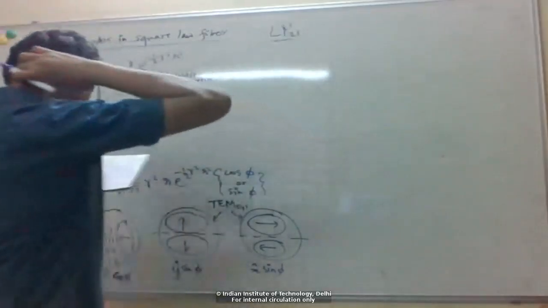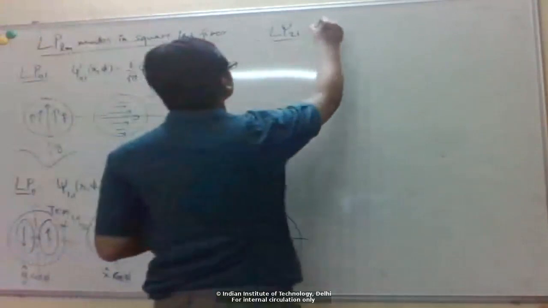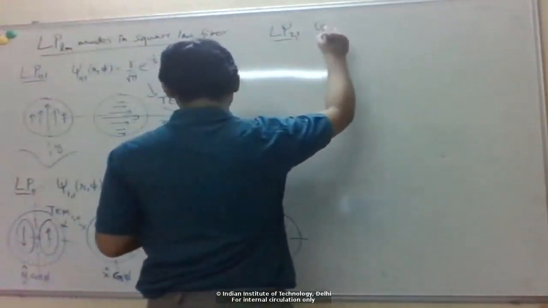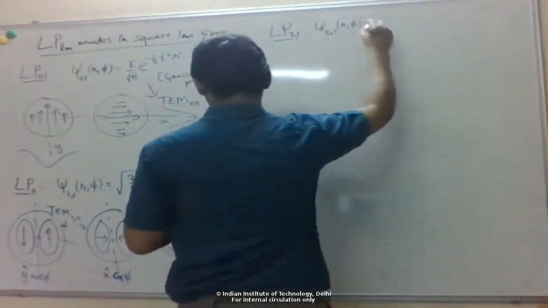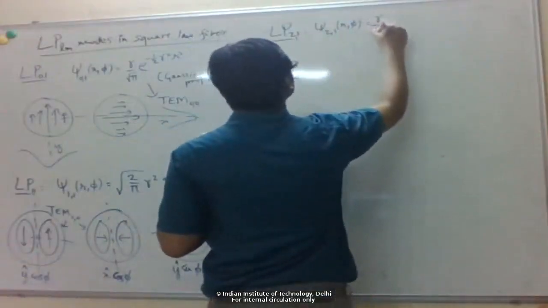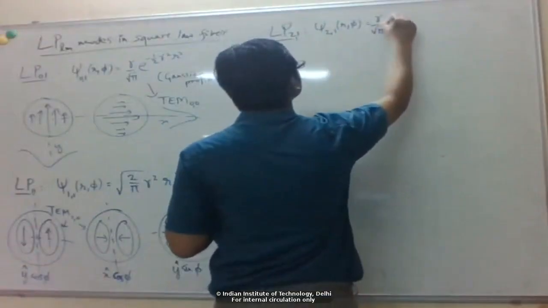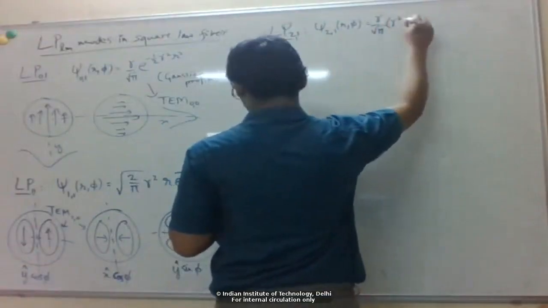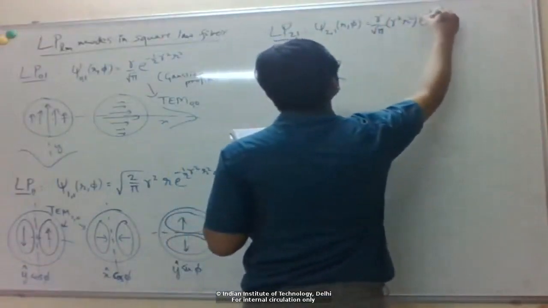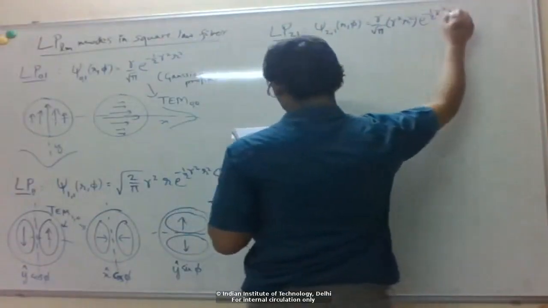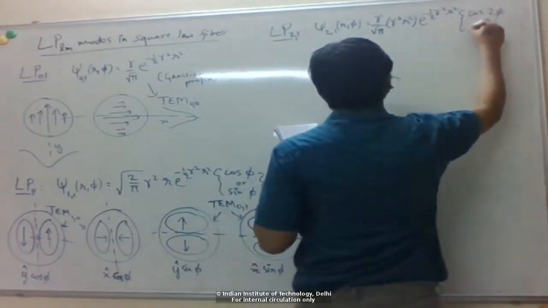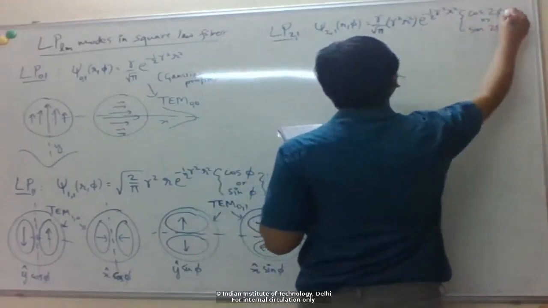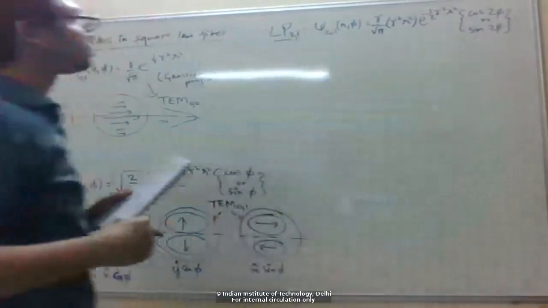So LP21. L is 2, M is 1. So we now have cosine 2 phi or sine 2 phi.